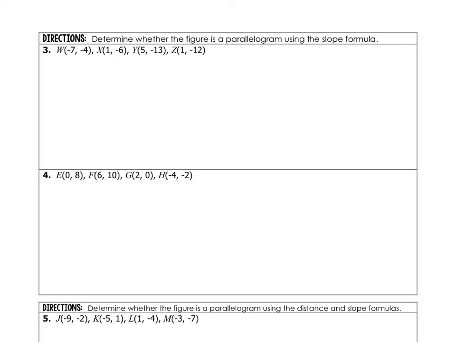Number 3, we're given coordinates again, and now we're asked to use the slope formula rather than the distance formula. So let's see how we can do that. If we have W, X, Y, Z, I like to draw whenever I can.